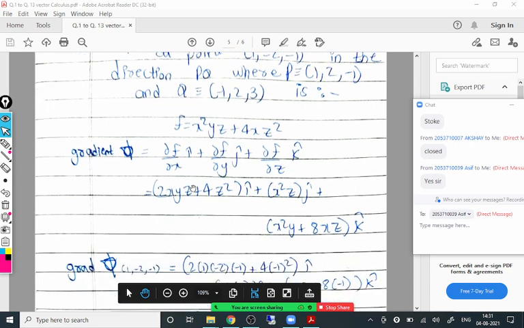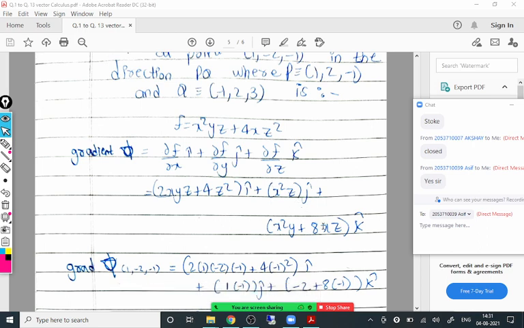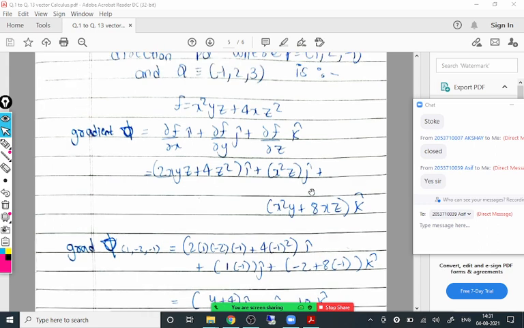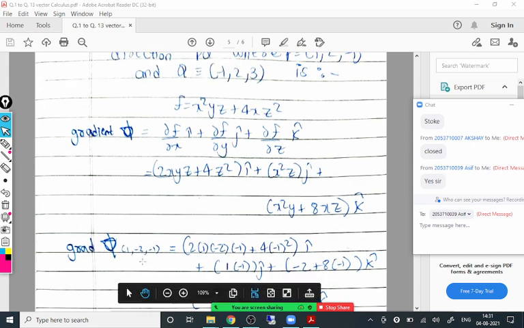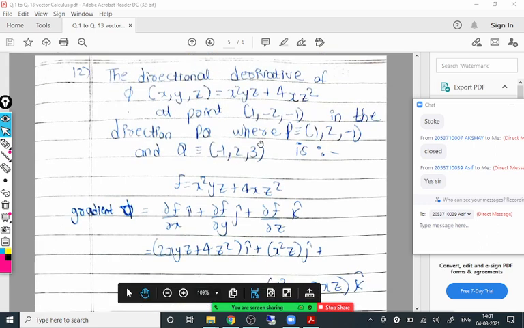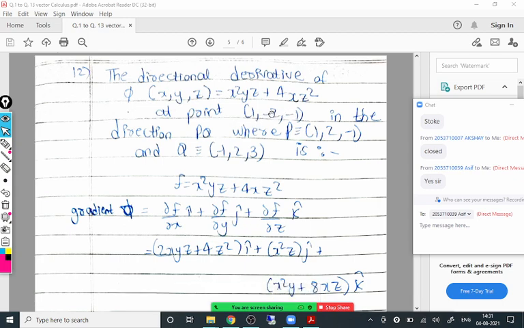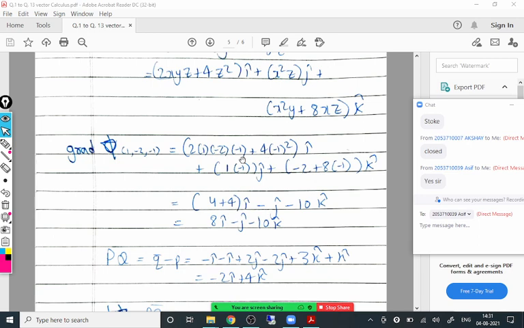That's correct. This is the general gradient, the directional derivative at any point x, y, z. We want it at the point 1, minus 2, minus 1. So just replace, and we get this vector.